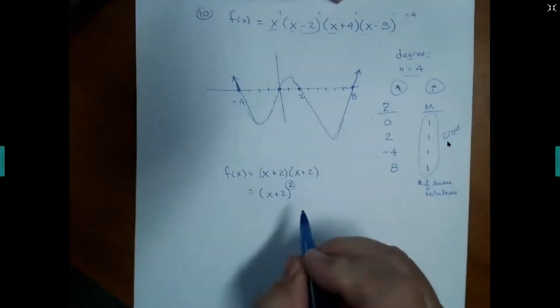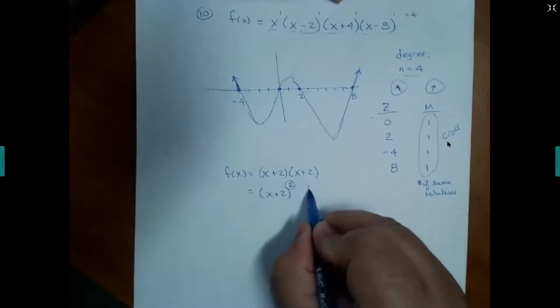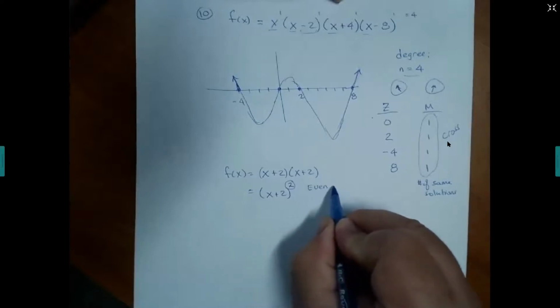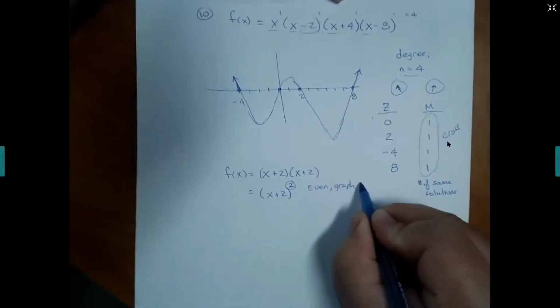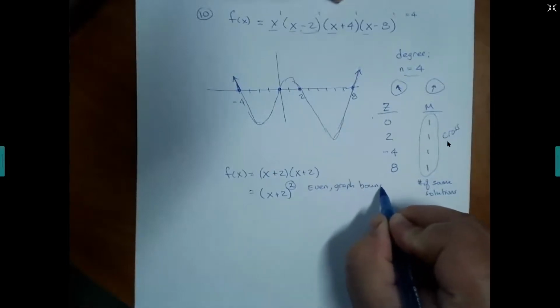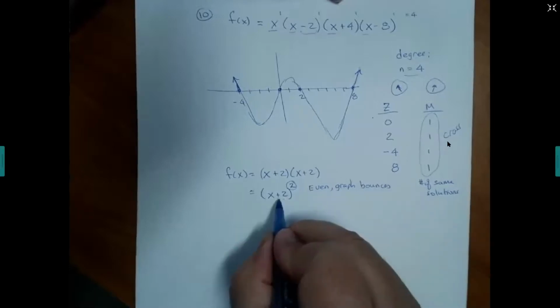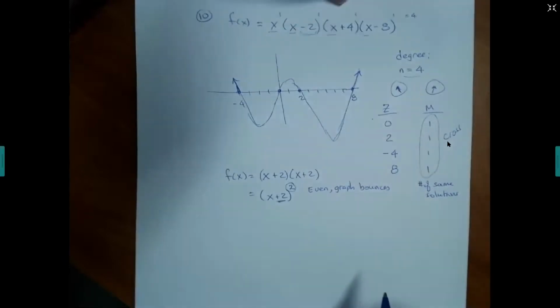This is the multiplicity. If it's even, then the graph bounces at that x-intercept.